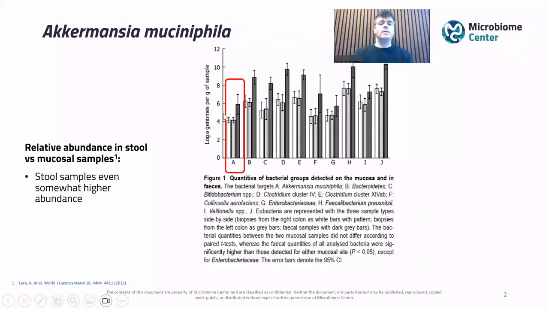And here you can see that the abundance in the number of cells in the mucus layer is actually in the same ballpark as the number of Akkermansia cells in the stool sample, and the stool sample is actually even a bit higher. So, based on this and other studies, we can conclude that the levels of Akkermansia in stool are in fact representative for the levels of Akkermansia inside the gut.